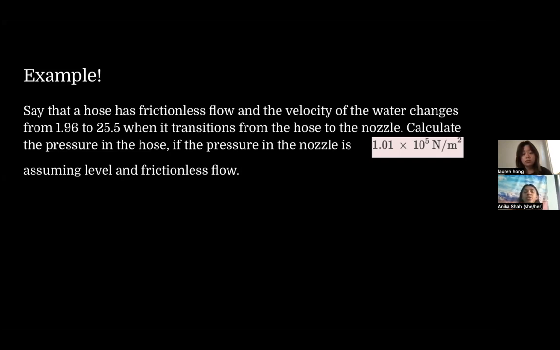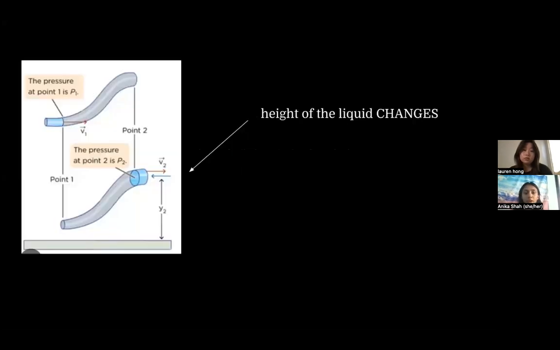In this case, we're trying to calculate the pressure in the hose, knowing the pressure of the nozzle. So we're basically trying to find how the pressure changes from point A to point B, with point A being the nozzle and point B being the hose. Again, we're assuming level, which means there's no compression, and frictionless flow, which means that we can apply conservation of energy.